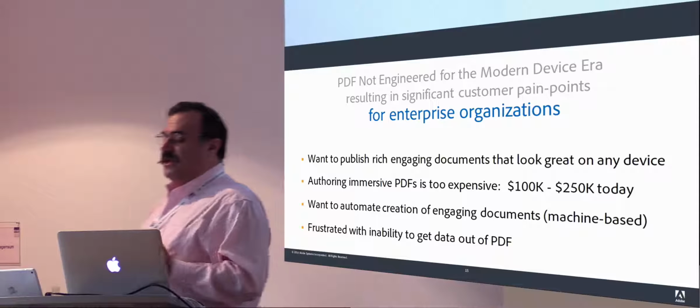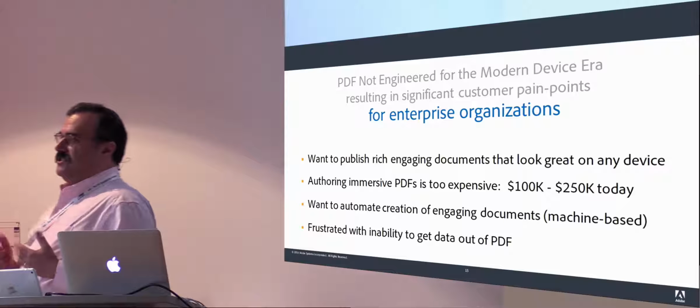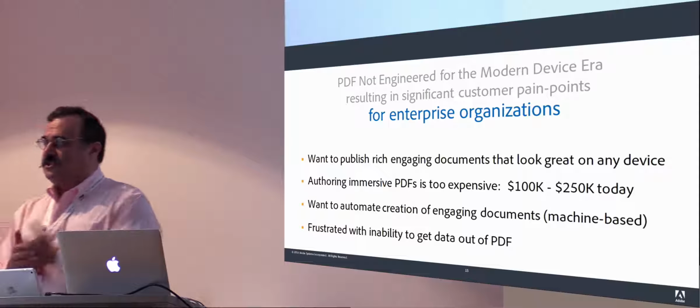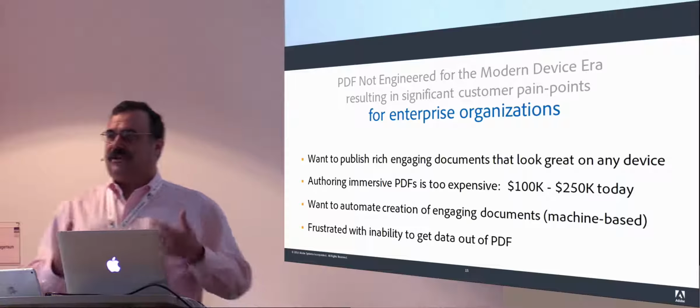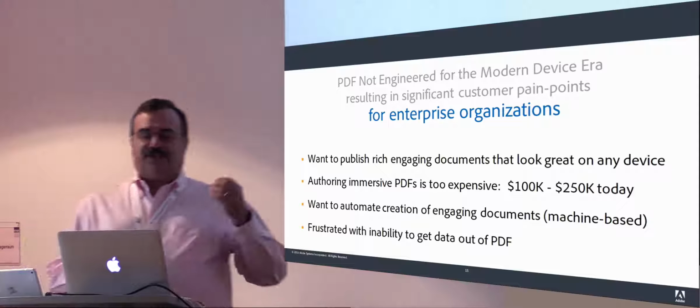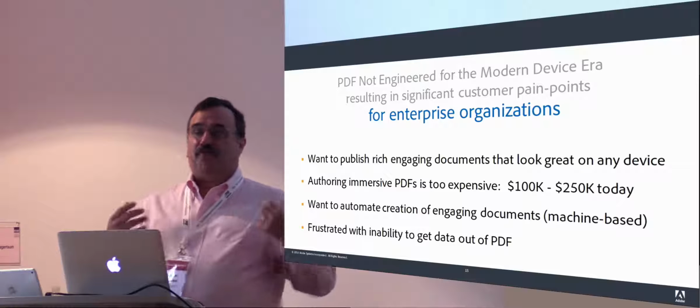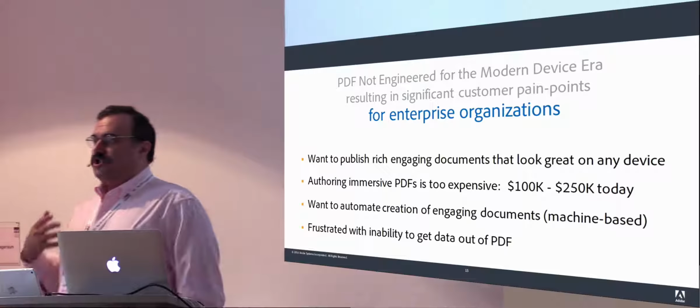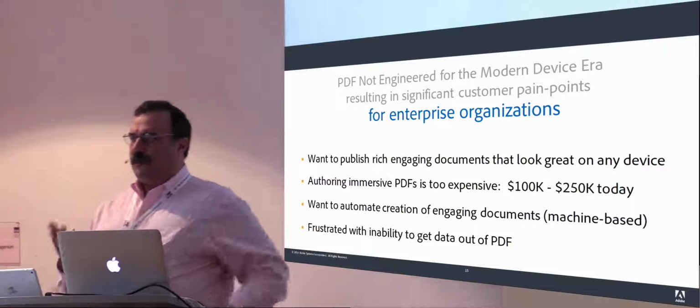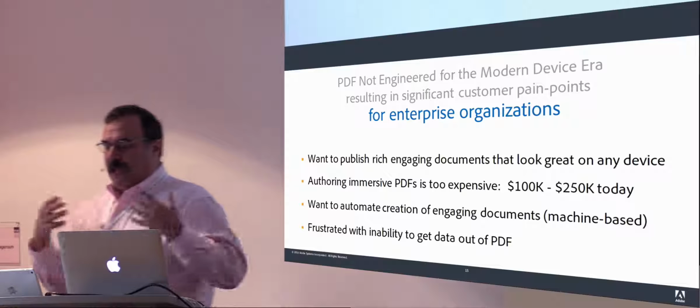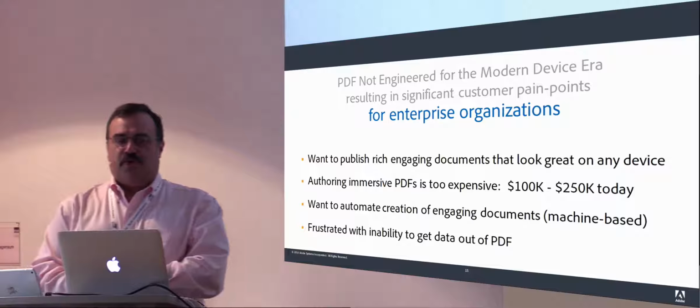Now let's take this up a notch. What do enterprises think? Certainly some of these things that we just talked about, in terms of responsive and interactive, are important, especially when it comes to building a rich, engaging document. So I'll give you a good example. We talked to a number of customers. I'll give you an example of a financial customer we talked to.